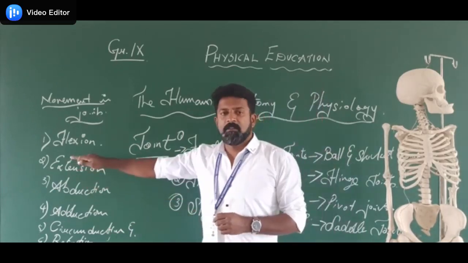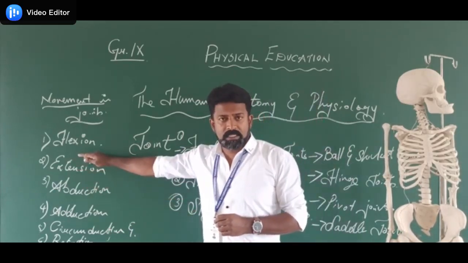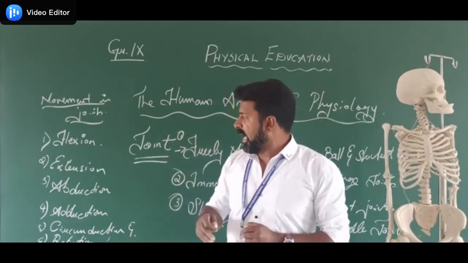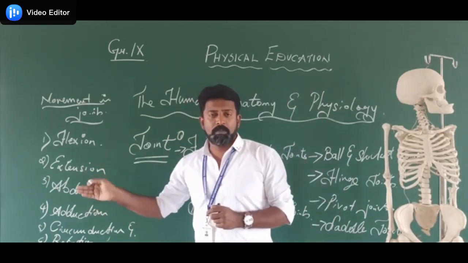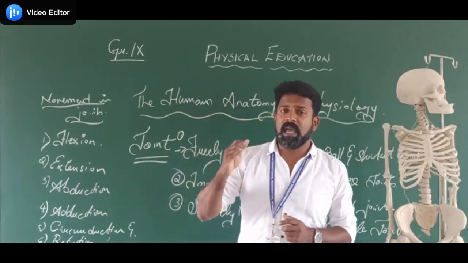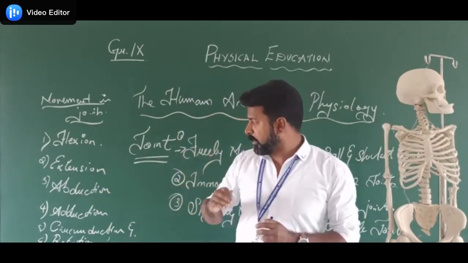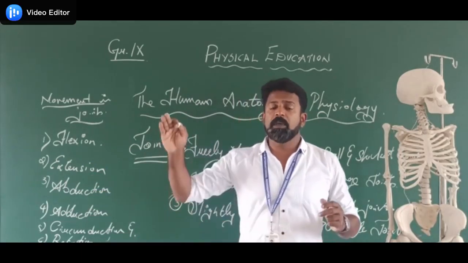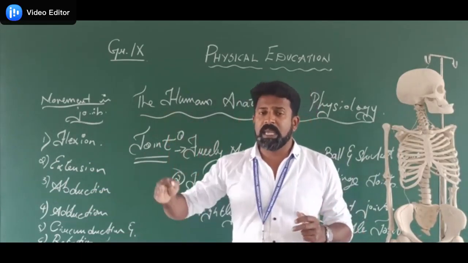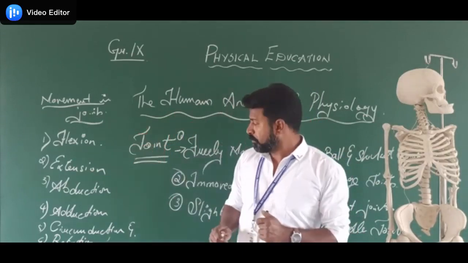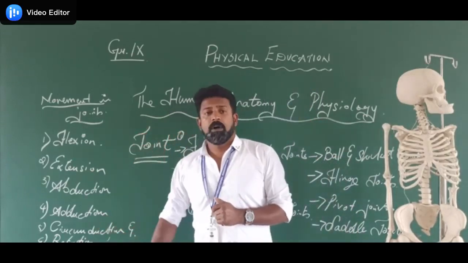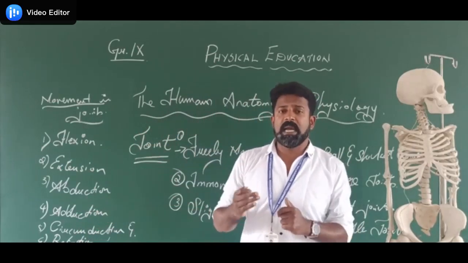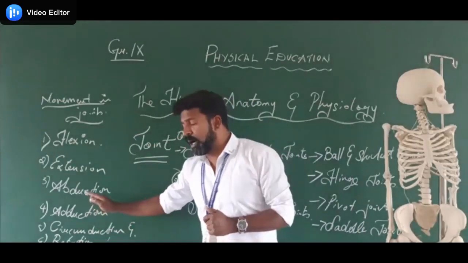That is flexion, a decrease in the angle between two body parts. Extension, when you perform this, there is an increase in the angle between two body parts. The third is abduction, which is going away from the body, the movement swinging away from the body. Adduction is coming closer to the body or the midline, opposite to abduction.